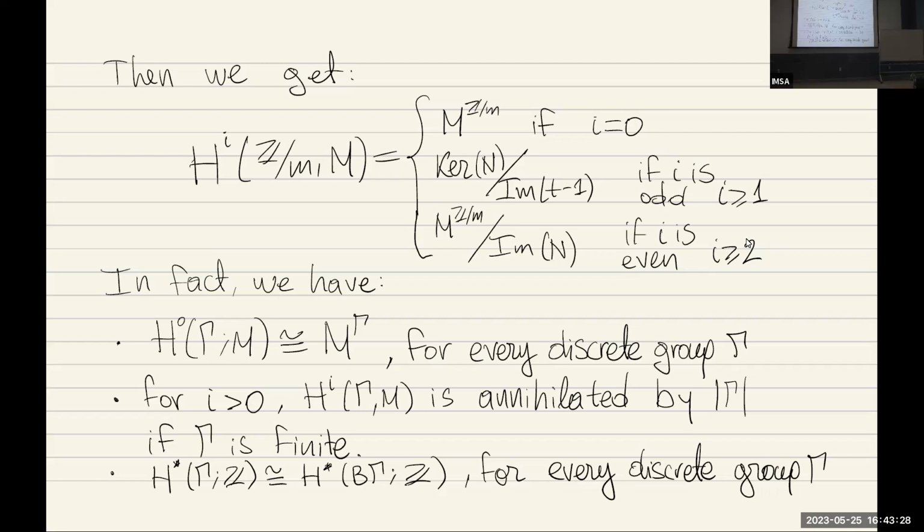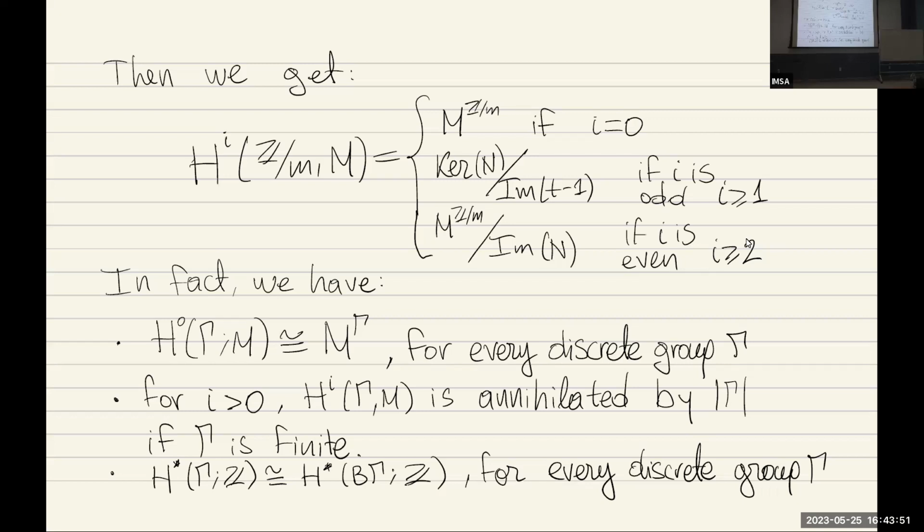It means that in positive degrees, the group cohomology of finite groups is torsion. And a final observation about this: the group cohomology with integer coefficients is isomorphic to the singular cohomology of the classifying space B gamma with integer coefficients.